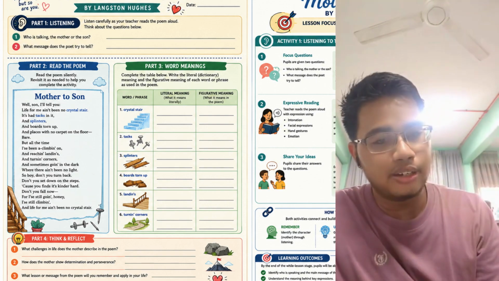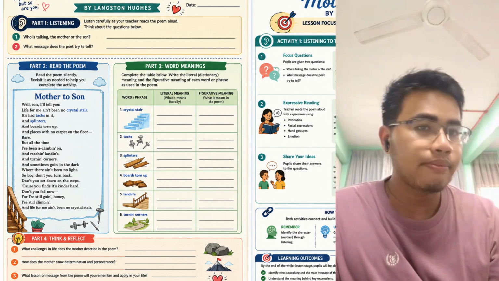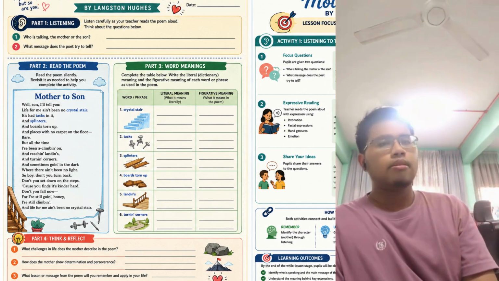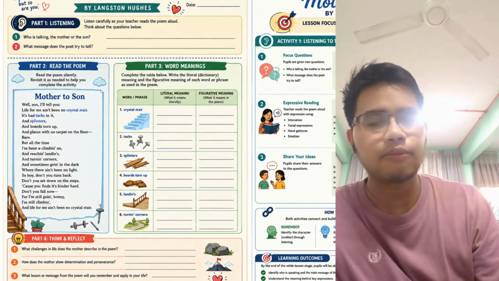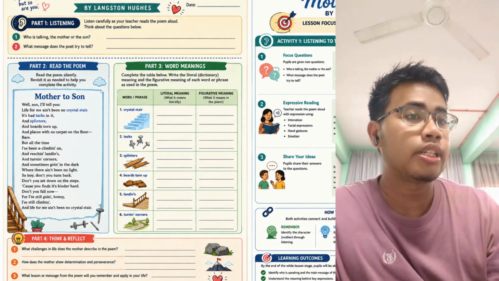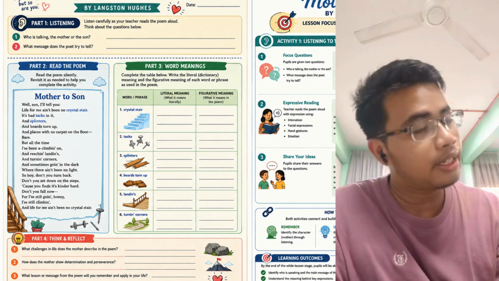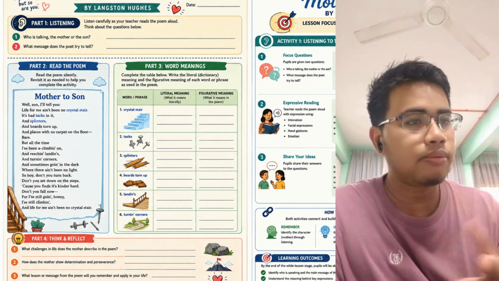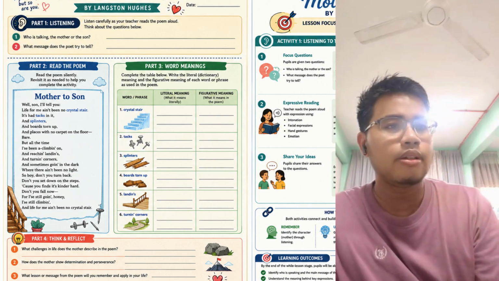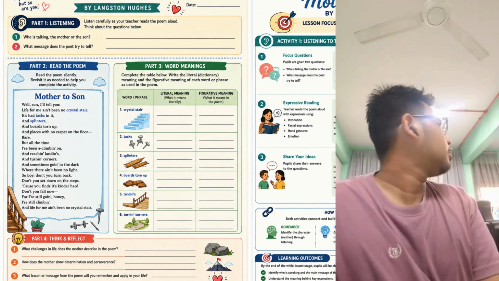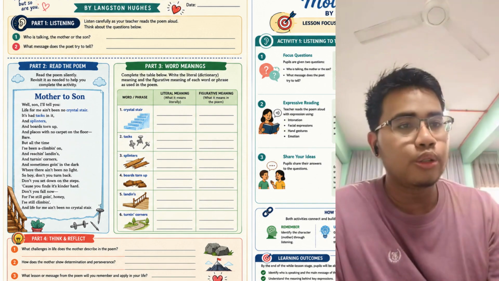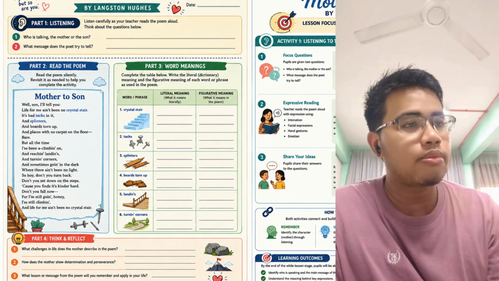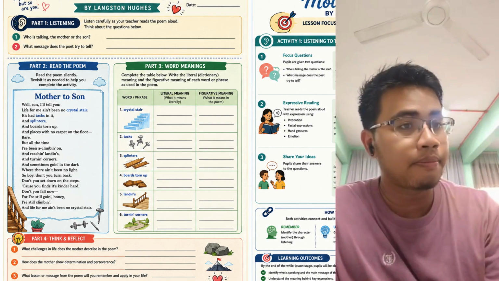I will touch on that worksheet right after this, but let me justify first why this worksheet is quite important. It's important because, first of all, the worksheet has the poem, which allows students to read on their own and reconfirm their gist from the previous listening activity.